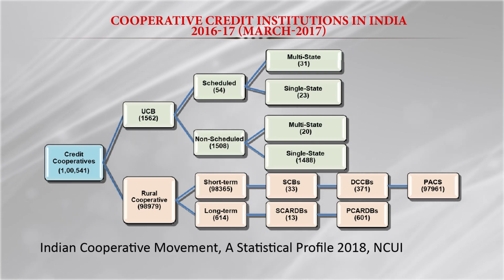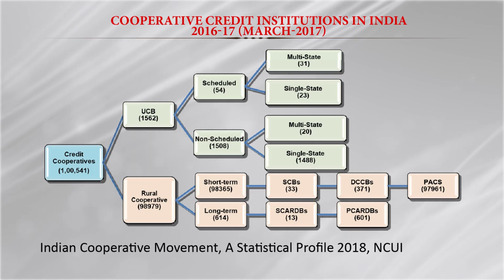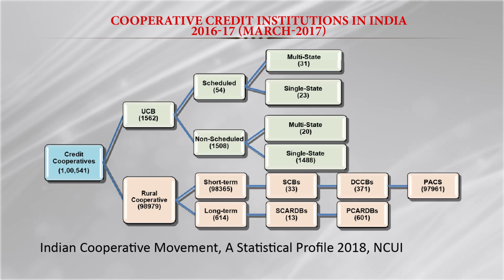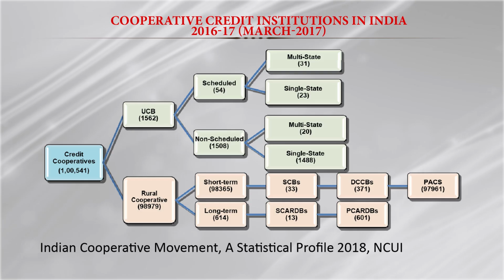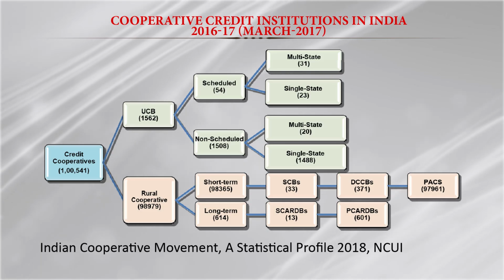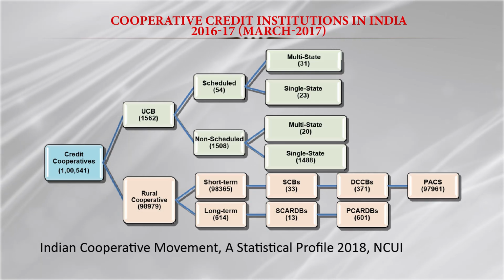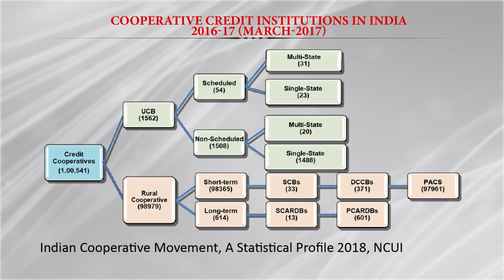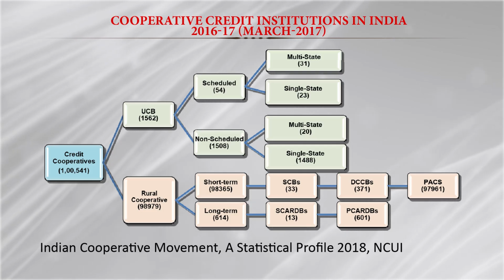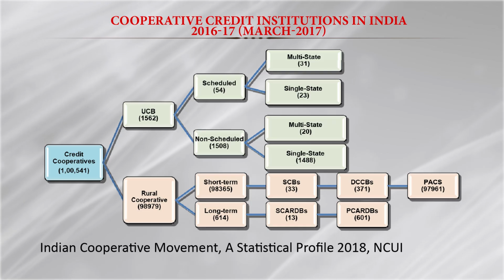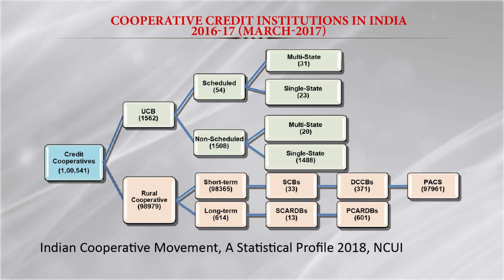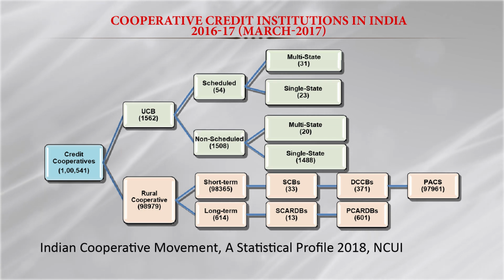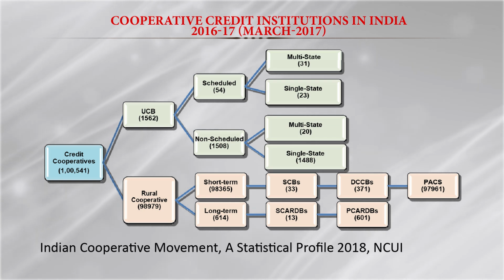In urban cooperative also there are two types of structure: the scheduled urban cooperative bank and the non-scheduled cooperative bank. In case of scheduled cooperative bank we again have two types, multi-state and single state. We have around 31 multi-state urban cooperative banks, which can function in more than one state. That's why they are called multi-state cooperative banks.